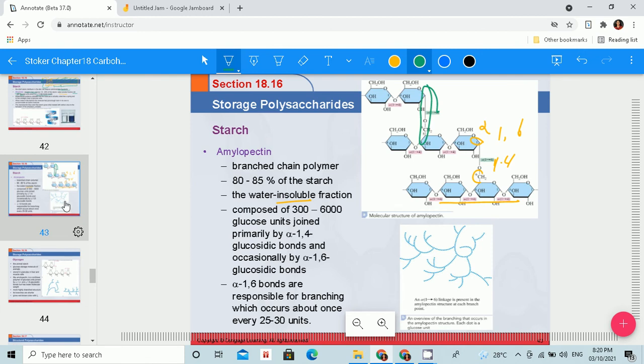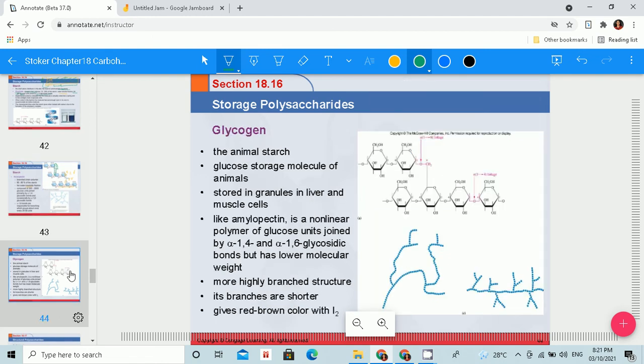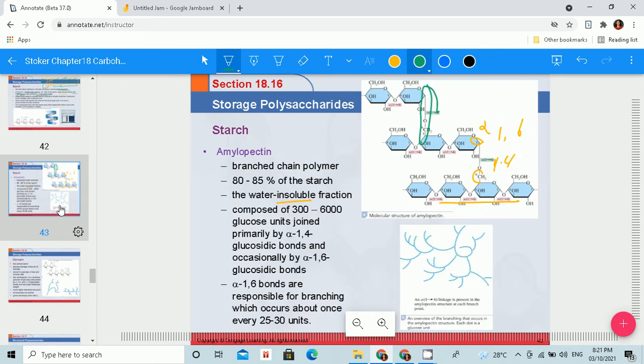Okay. So starch is the main sugar we find in our plants. Sorry, I said structure, but it's the storage polysaccharide.